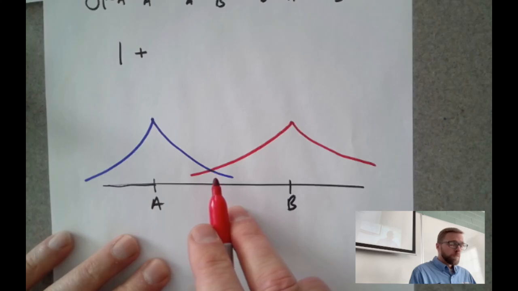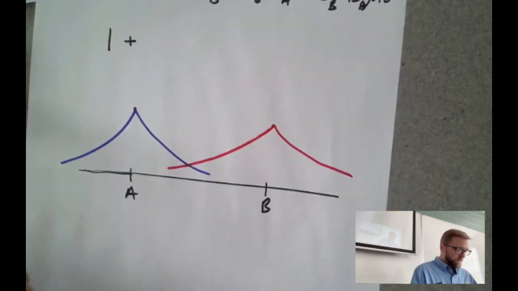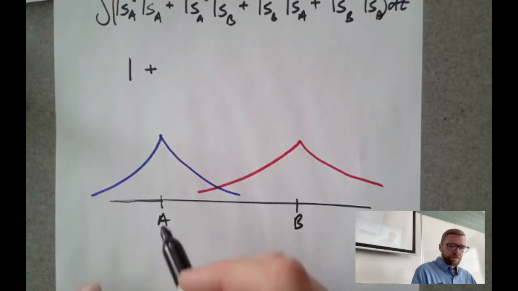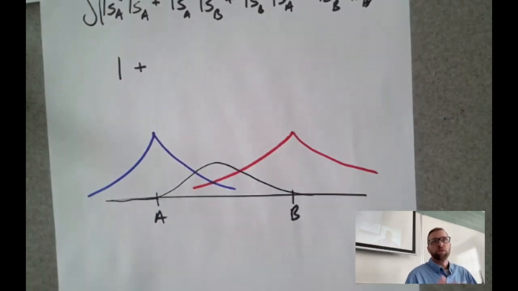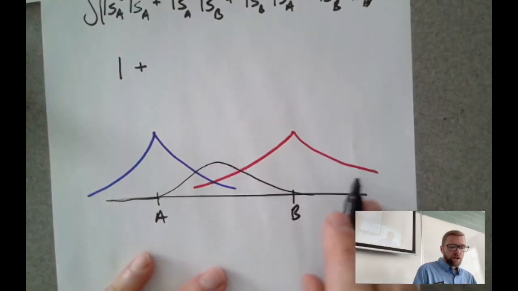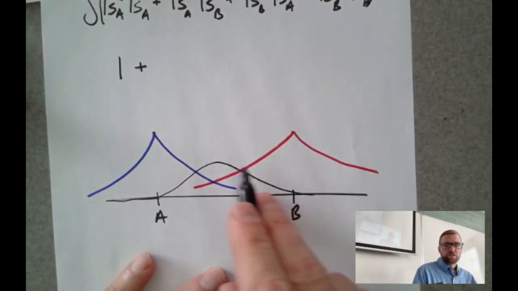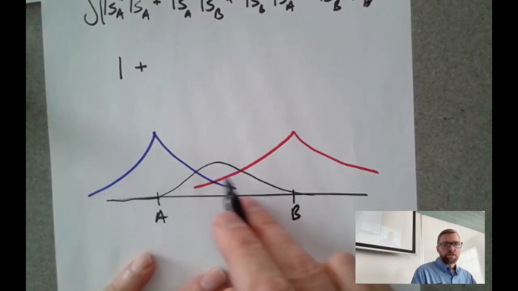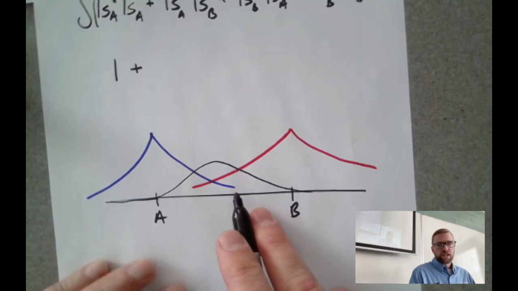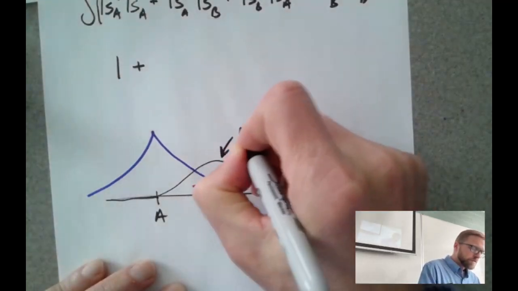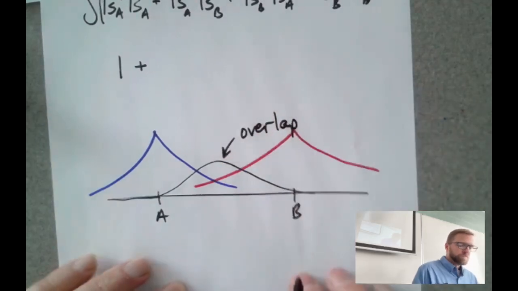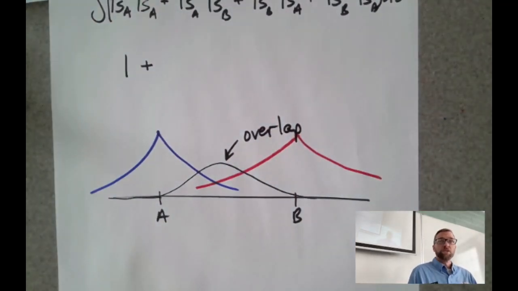So when I multiply them together, I get something that looks kind of like this. Way over here, this one is 0, and over here, that one turns to 0. So it gives you this kind of thing right here. This is a measure of the overlap of the two wave functions, because we're multiplying the two together and then integrating.